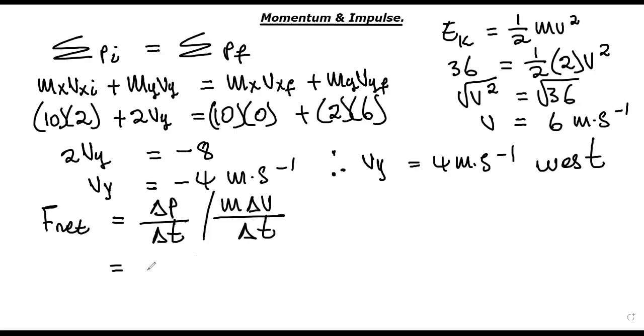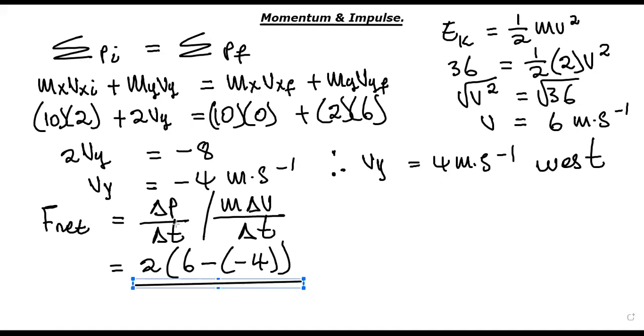Now, what is the mass of ball Y? So we know that it's 2 kg, but the final velocity of ball Y, it's 6 meters per second minus the initial velocity of ball Y. We found it to be negative 4 meters per second. And then we say everything is divided by 0.1, the contact time.